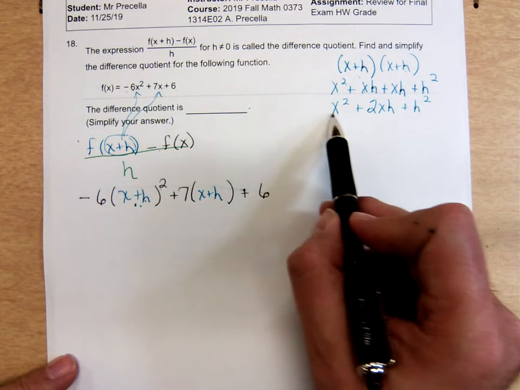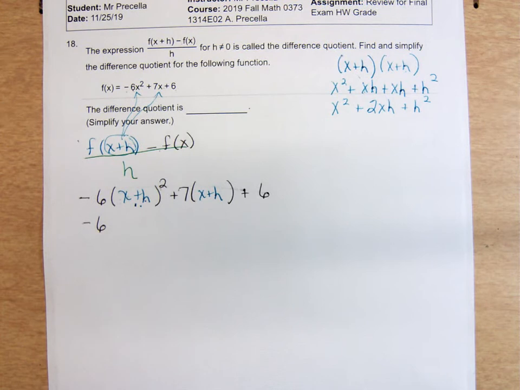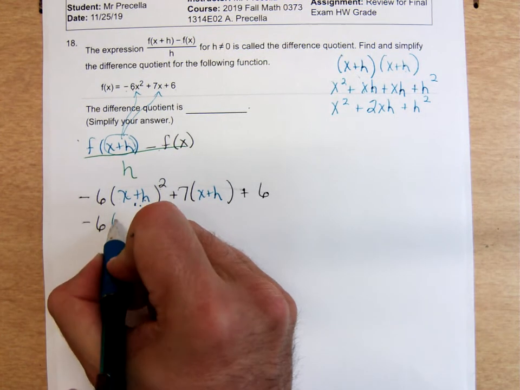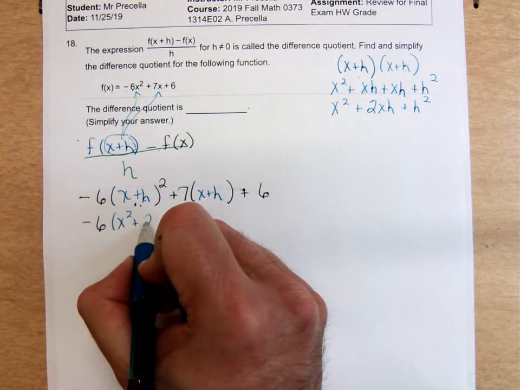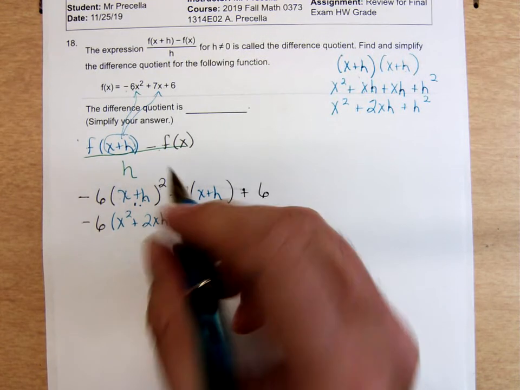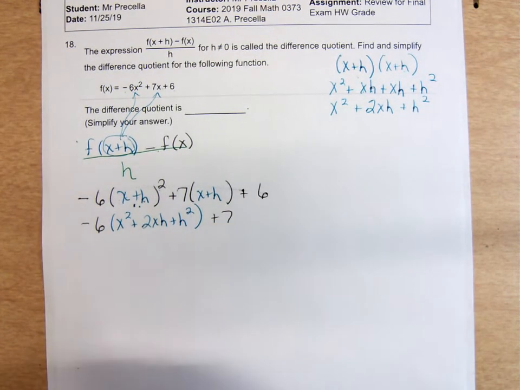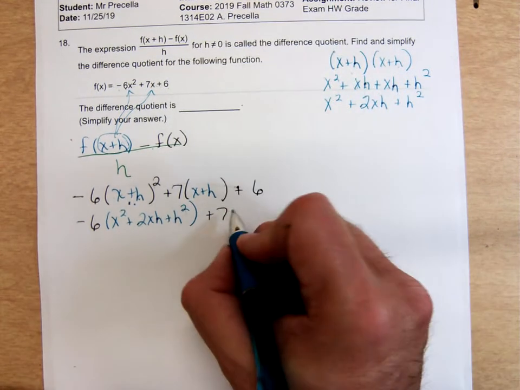And this is the messy part. F of x plus h squared. Plus 7 times x plus h plus 6.